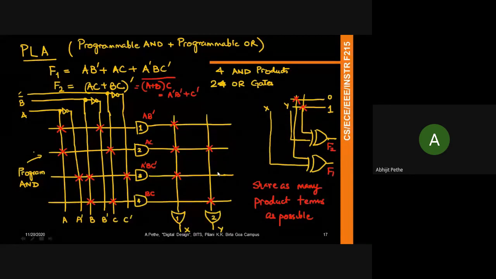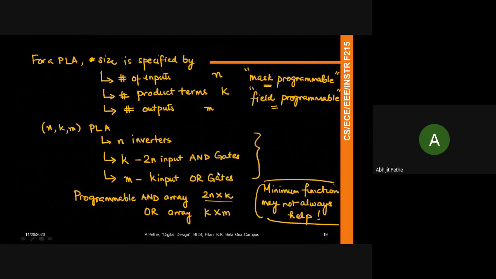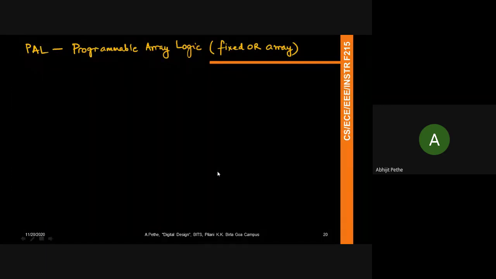Right? So let's take one example from a textbook. Let's look at a programmable array, right? So okay, let's draw a programmable array. What does a programmable array look like? As I said, you can't have programming on the number of OR gates.